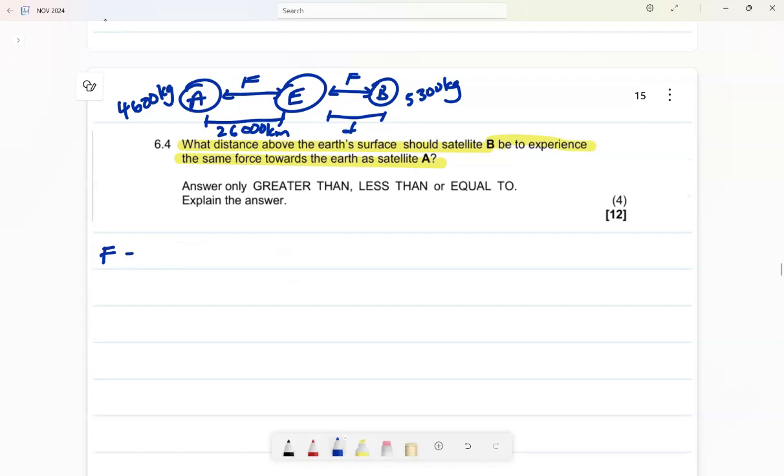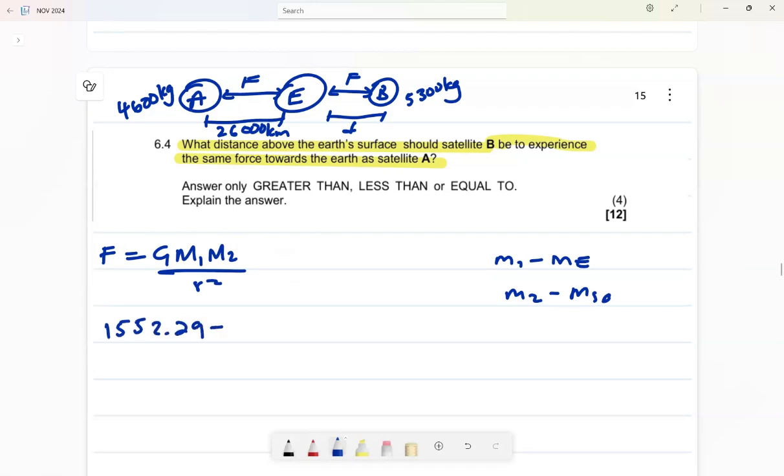We're going to say F is equal to G M1 M2 over R squared, where M1 is the mass of the Earth and M2 is the mass of satellite B. We wanted the force to be the same, and remember, the force that we calculated was 1,552.29.